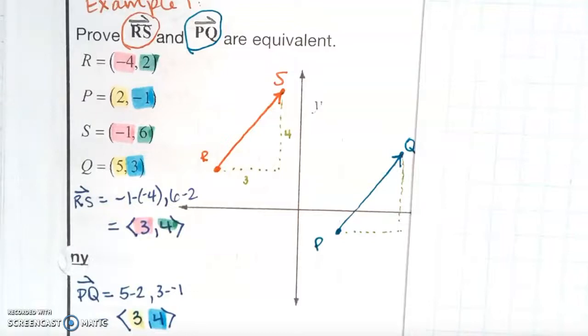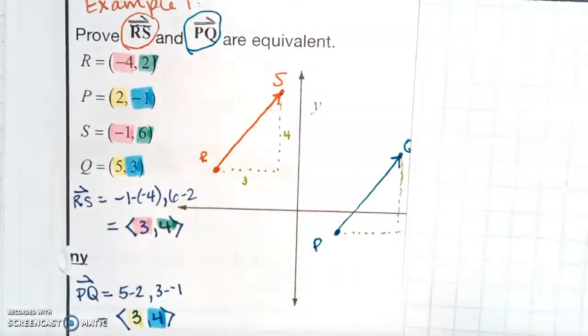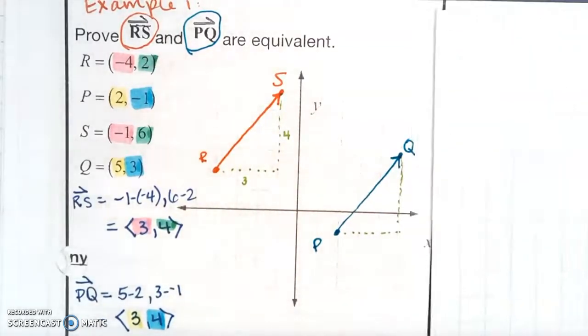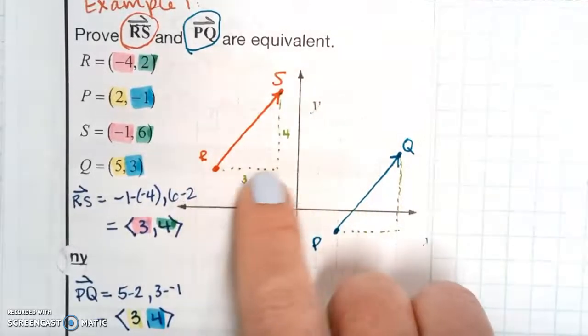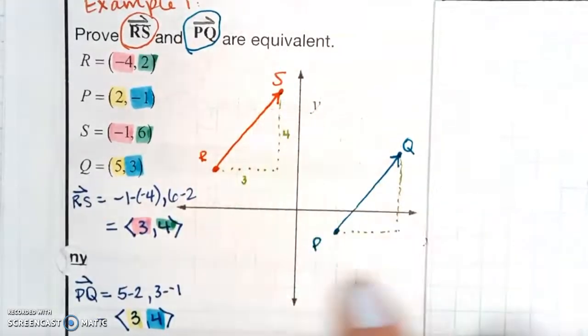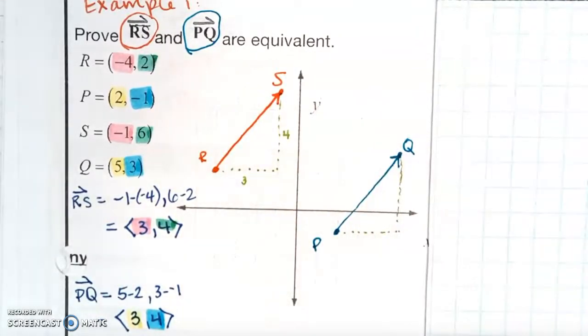So what they want you to notice is that this component form and this component form are the same. We showed it mathematically, but graphically, you can also count it out. If you plotted your points on a coordinate plane to go from R to S, you would go 3 this way, up 4. To go from P to Q, 3 this way, up 4.